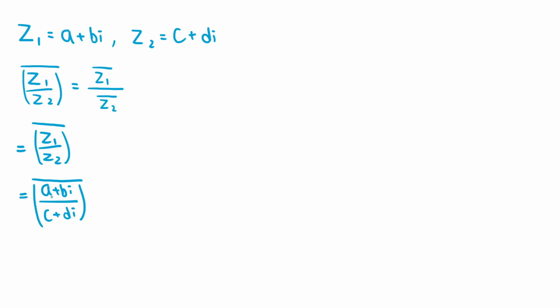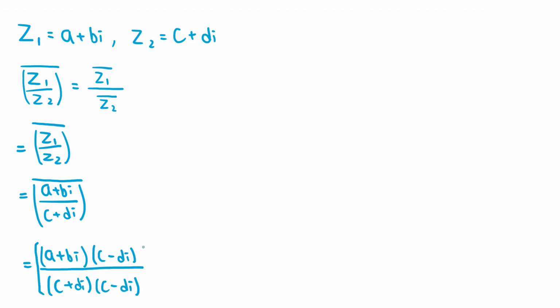To simplify the complex number inside the brackets, we should multiply both the numerator and denominator by the complex conjugate of the denominator, which is c minus di. So this becomes a plus bi times c minus di over c plus di times c minus di. And then all of this is under the complex conjugate.